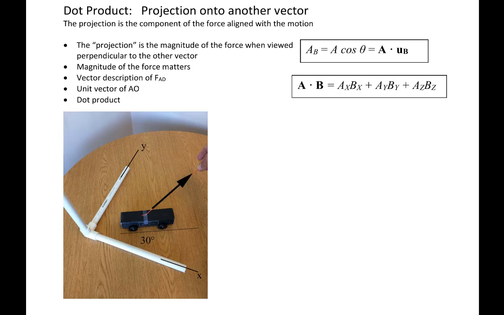So here's our process. We're going to use A dot B. We look at the magnitude in the x direction of one vector and the magnitude in the x direction of the other vector, multiply them together, and then add the three pieces. It's also the cosine of the angle.